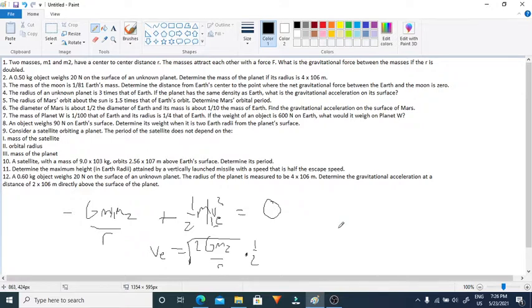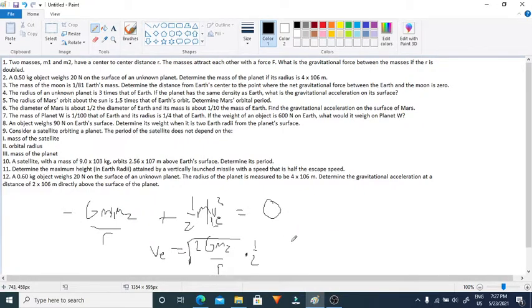So now all we have to do is figure out how high the object will go given this value. And once again, we can use conservation of energy.